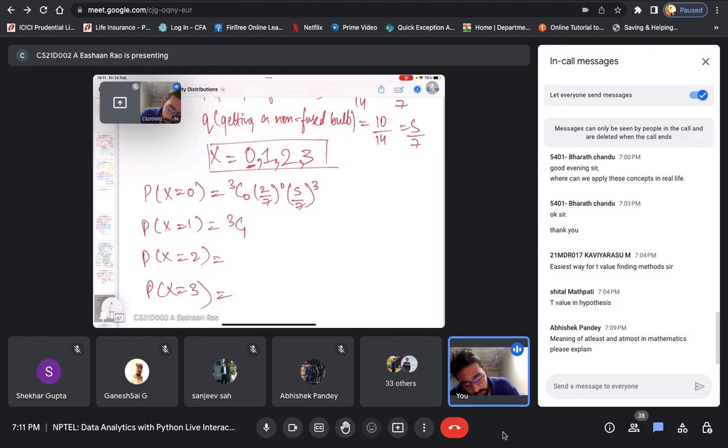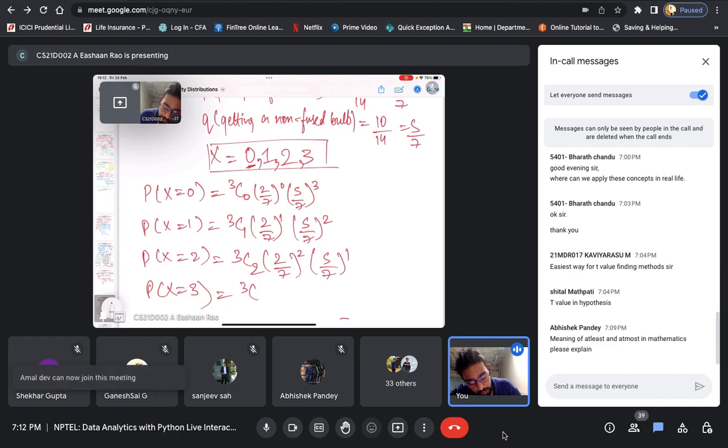Similarly, 3C1, that is, out of 3 bulbs I am getting 1 fused. The probability of success is 2 by 7 raised to 1, and 5 by 7 raised to 2, that is 3 minus 1. Similarly, 3C2, that is, out of 3 I am getting 2 fused bulbs, and 2 by 7 raised to 2, and 5 by 7 raised to 1. Similarly, if we expand this for x equal to 3, that is, all 3 bulbs I am taking out are fused, and 5 by 7 raised to 0.